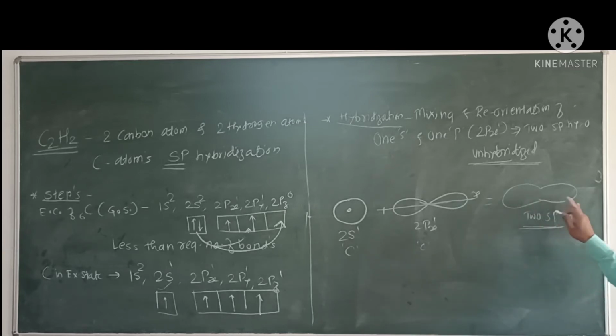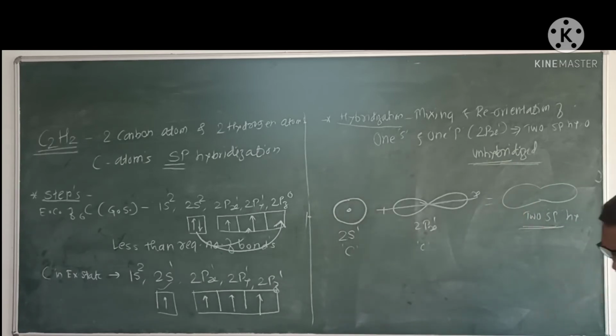These hybrid orbitals are arranged diagonally, linearly, having a bond angle of 180 degrees. Okay. This is the mixing and recasting of atomic orbitals.